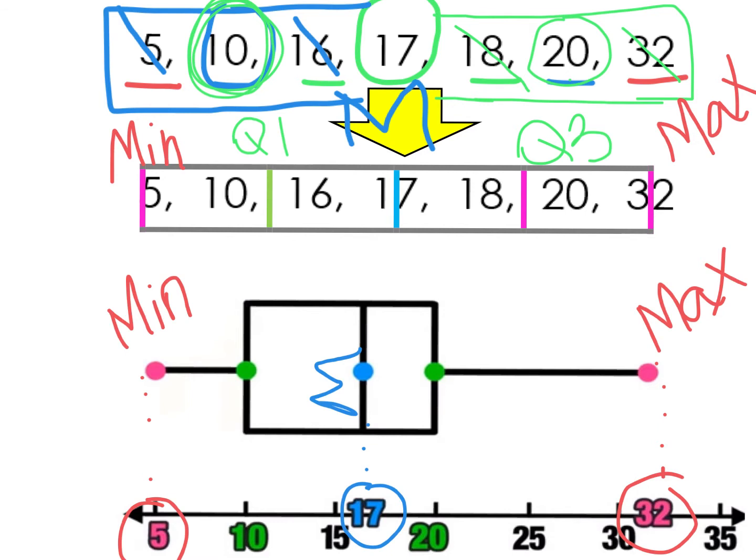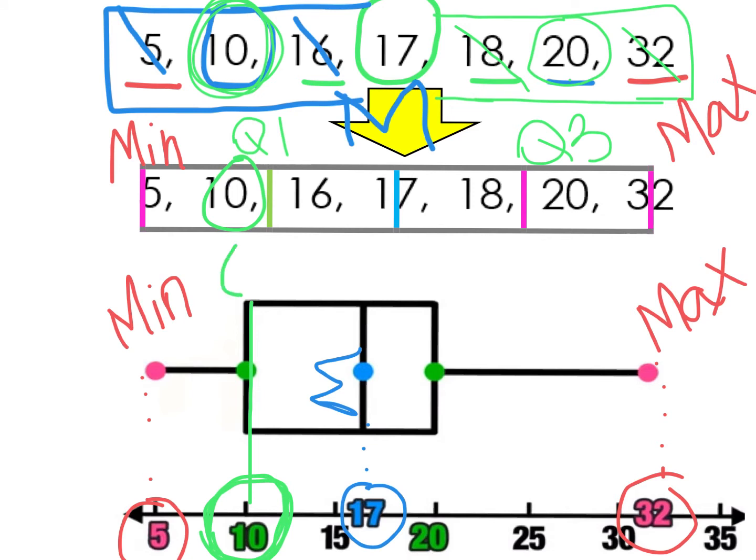And then the box is formed by the quartiles. So remember, up above we said 10 was quartile 1. And if you notice, the box is lined up with 10 here. So our lower quartile, which is also known as quartile 1, is 10.